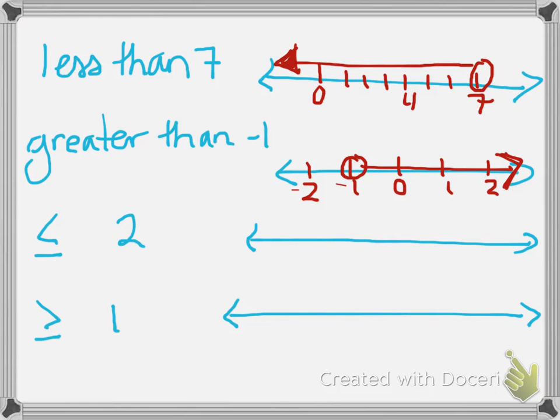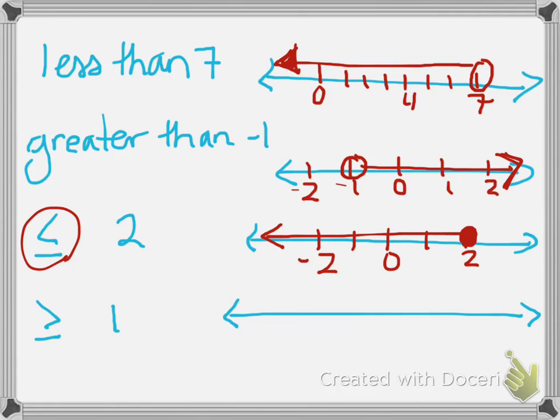Now we took away the words, and now we just have the symbol that says less than or equal to 2. Let's do the same one. Here's 2. Here's negative 2. I want to be less than or equal to. I can be at 2, so I'm going to shade it in, or I could be less than it. Now I'm greater than or equal to 1.